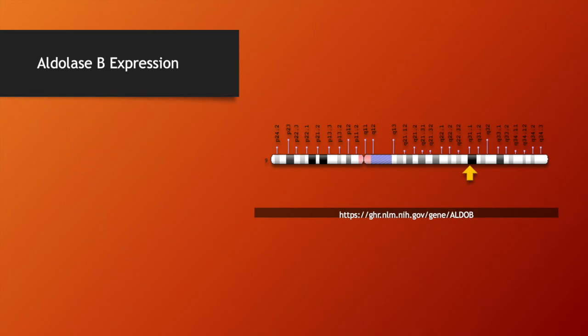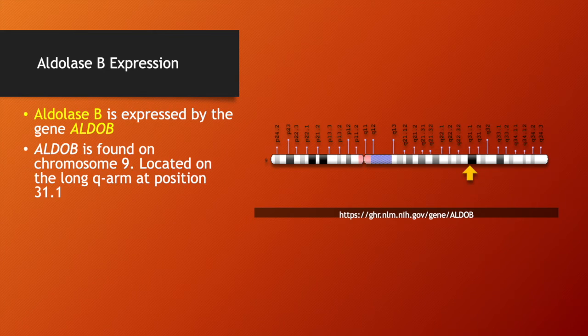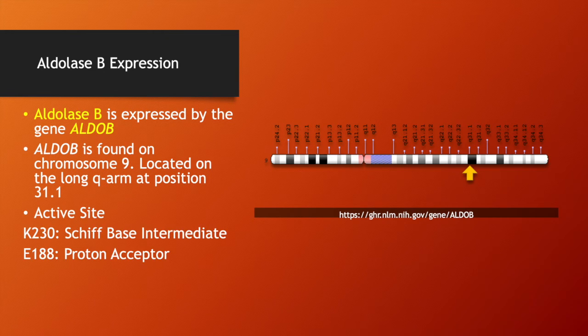Last but not least, we will talk about aldolase B, which is expressed by the gene ALDOB. ALDOB is found on chromosome 9, and it's located on the Q arm at position 31.1. Its active site also includes the notable amino acids, which are going to facilitate the eventual catabolism of fructose 1,6-bisphosphate.